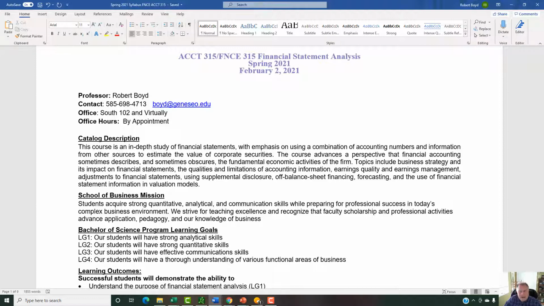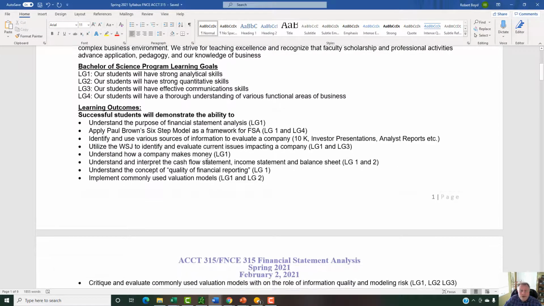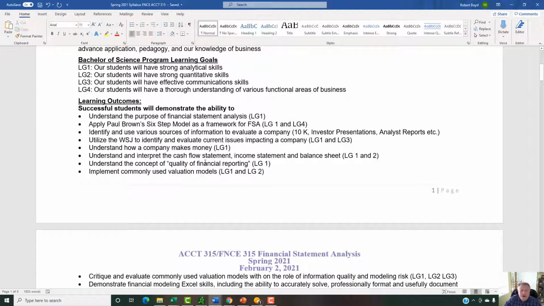We're going to take a look at a lot of different things here, and you can read all this. Successful students will be able to understand the purpose of financial statement analysis and apply a 6-step model that we have. How do you use multiple sources of information to evaluate it, based on a series of reliable pieces of information?